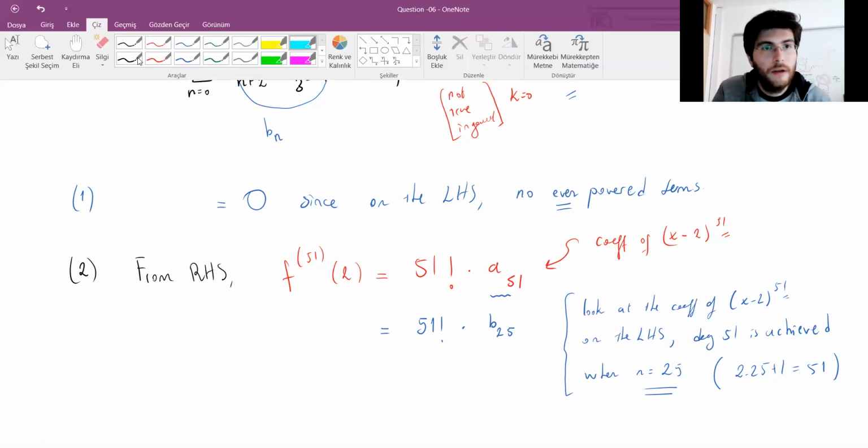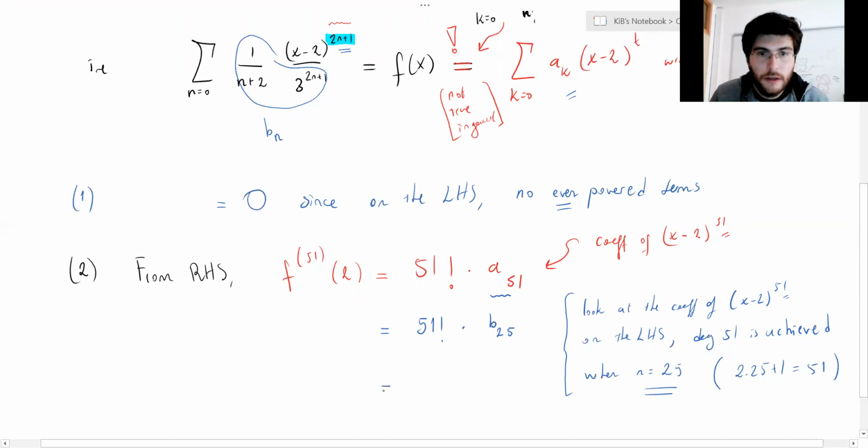Therefore, you need to compute this coefficient: 51 factorial times, let's compute it, this is 1 over 27 times 3 to the 51.